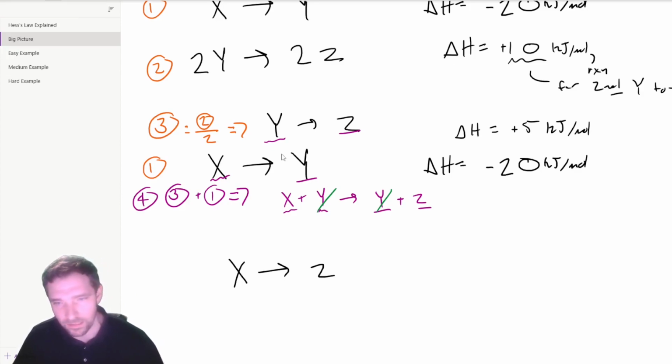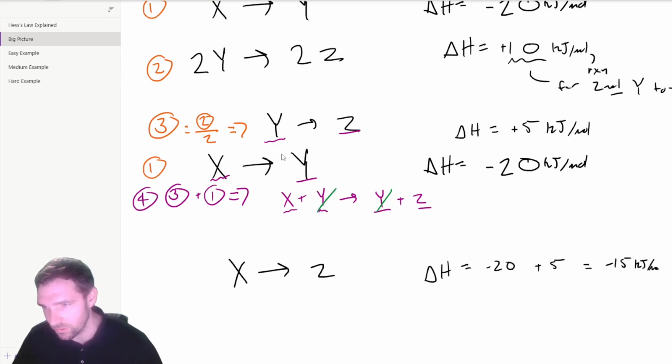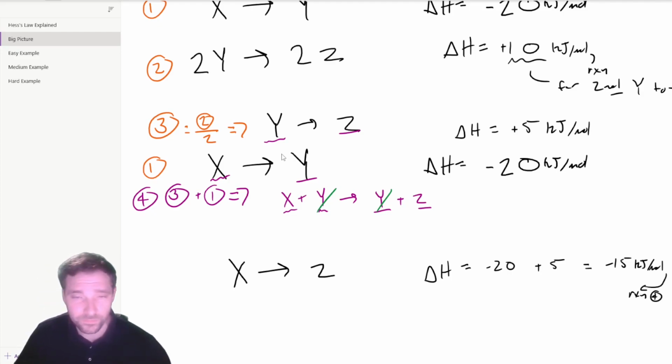So you can end up getting that change in H value by looking at the negative 20 plus the 5 kilojoules per mole, and we get a negative 15 kilojoules per mole of this reaction, number 4.